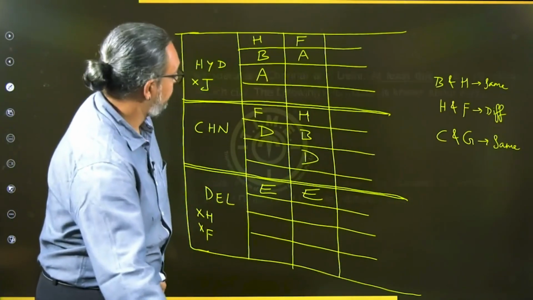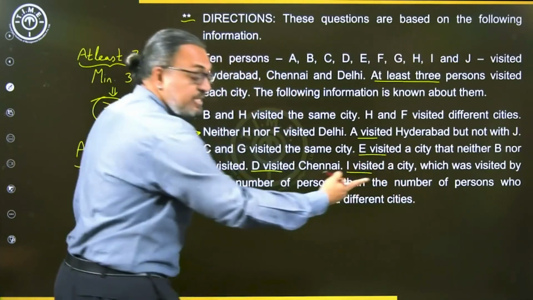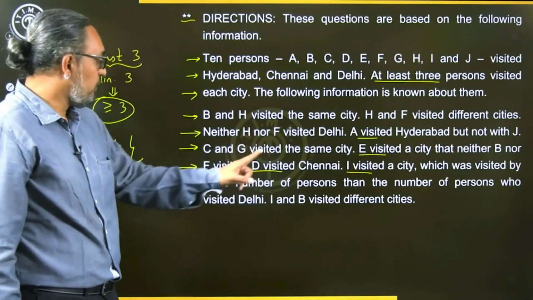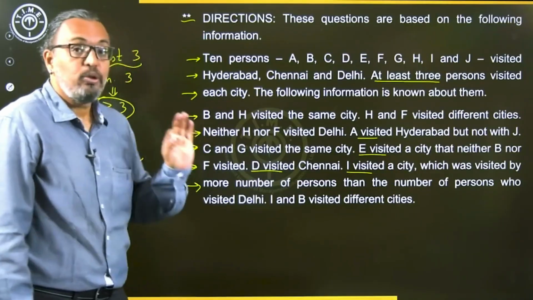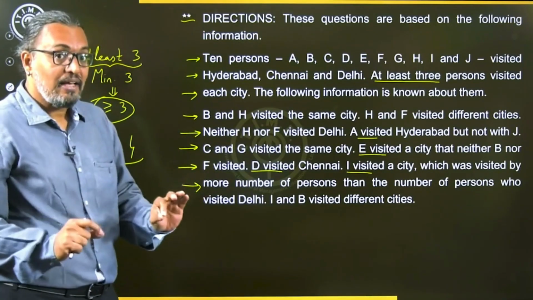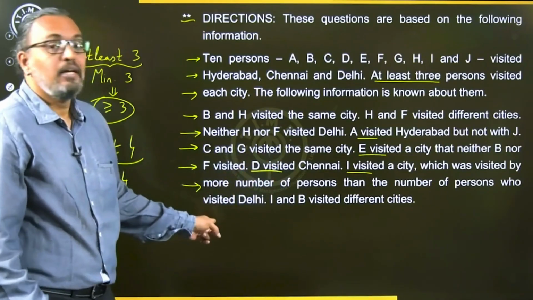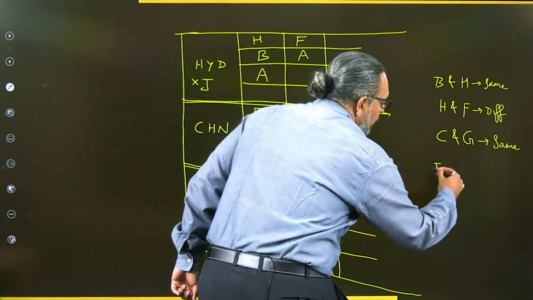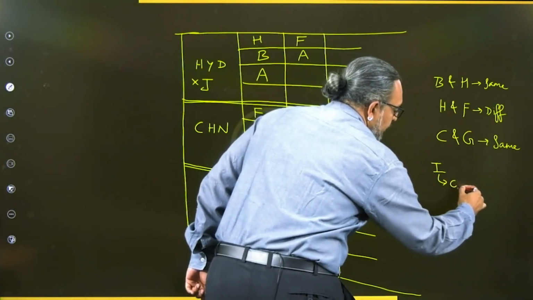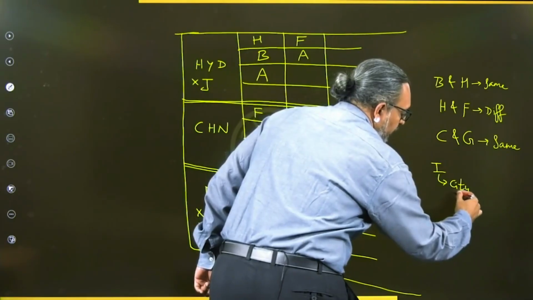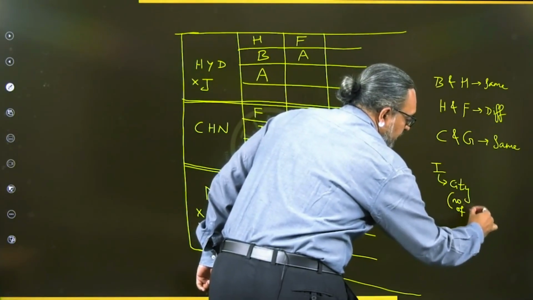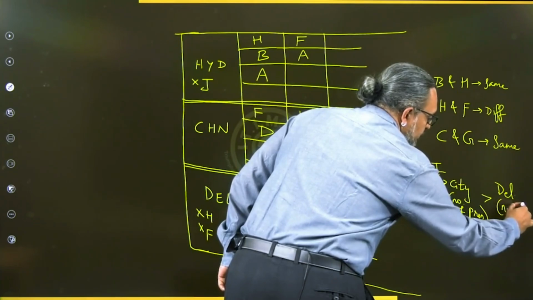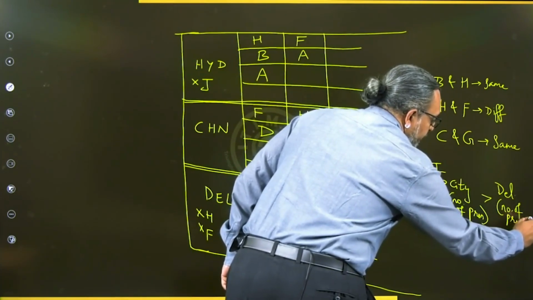Then I visited a city which was visited by more number of persons than the number of persons who visited Delhi. So you have to put I in such a city which has more persons than the persons who have visited Delhi.